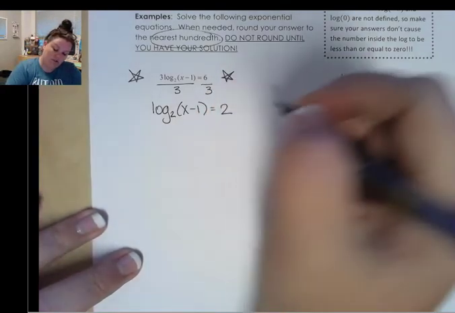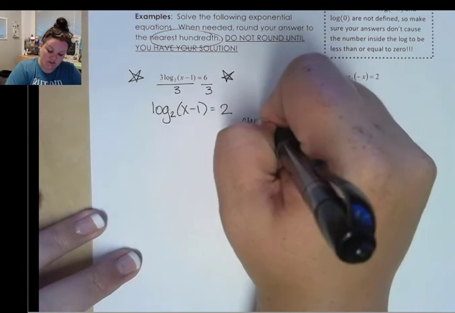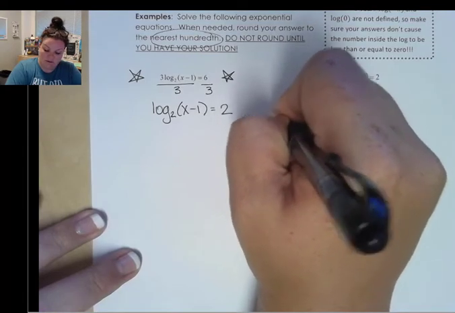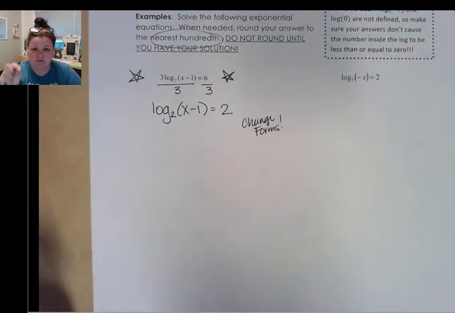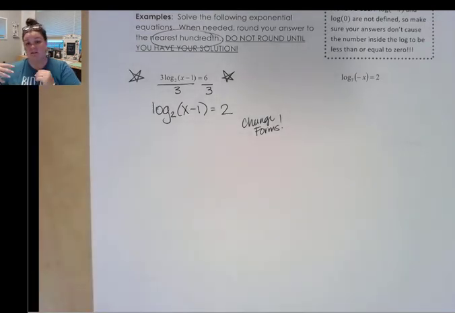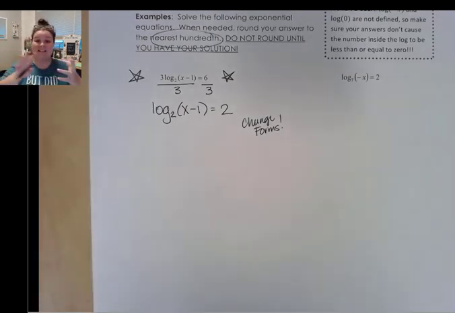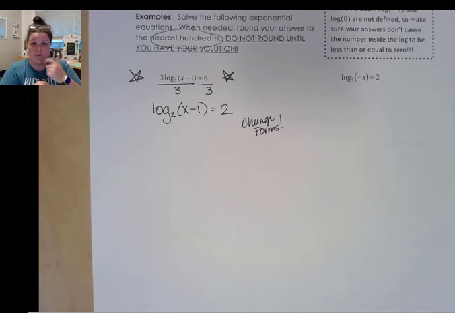Now what we want to do is change forms. What I mean by change forms is I want to change this from a log problem to an exponential problem. Remember, way back when we first introduced logs, the way we can get rid of a log is by using the exponential base.